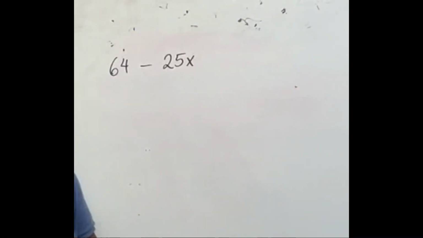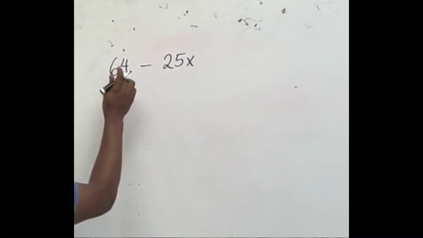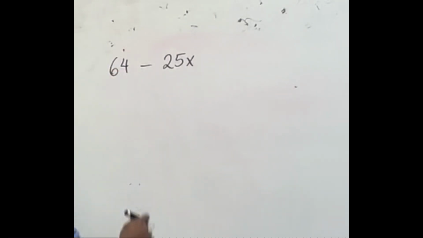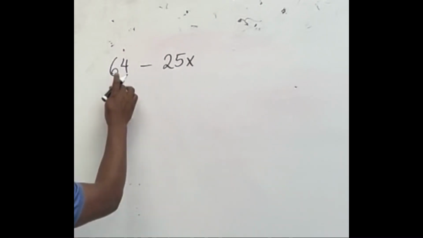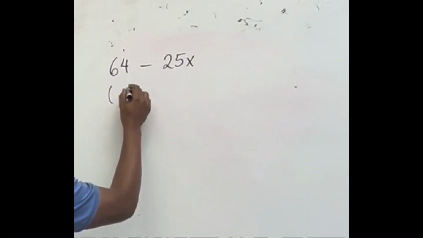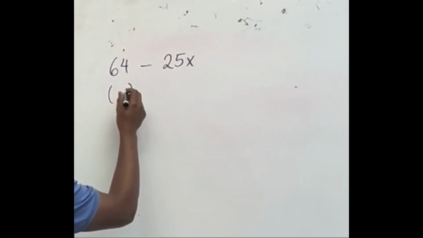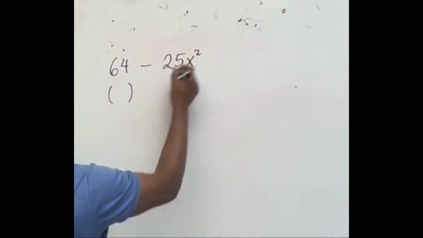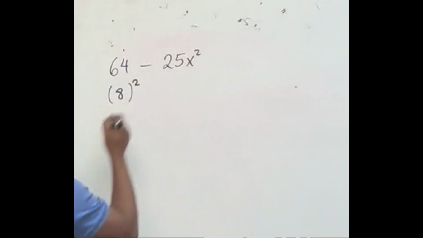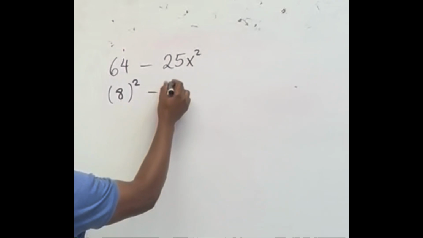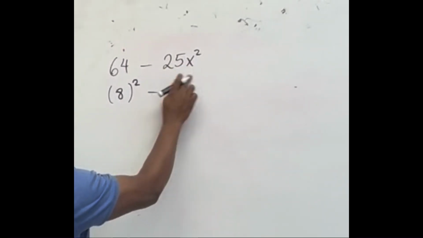Difference of squares. Is 64 a perfect square? Yes. So how do I express this? 8 squared. Is this a perfect square? Yes.